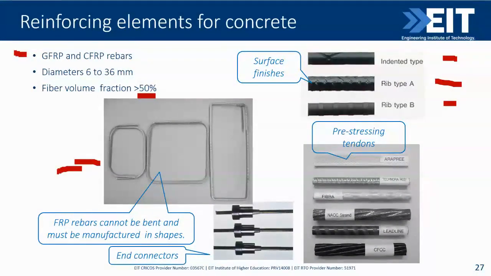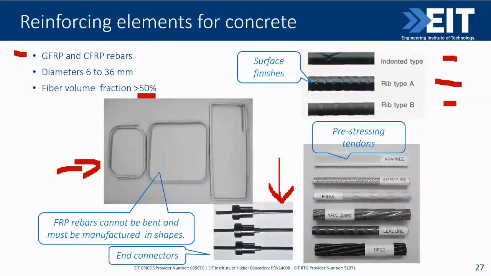All these shapes must be made properly, to the proper sizing, off-site and brought to site for casting, for pouring concrete. The other difference is the end fittings, especially for cables, which will be different.